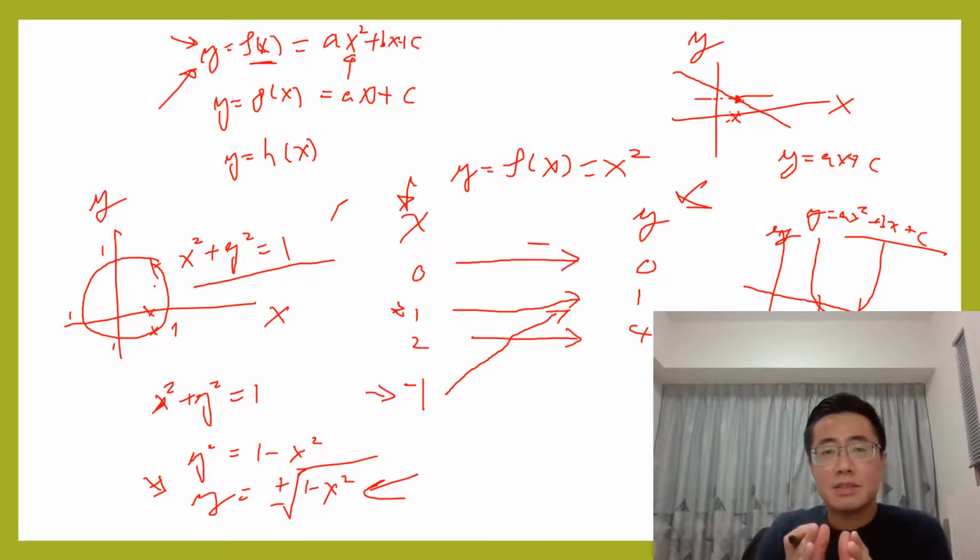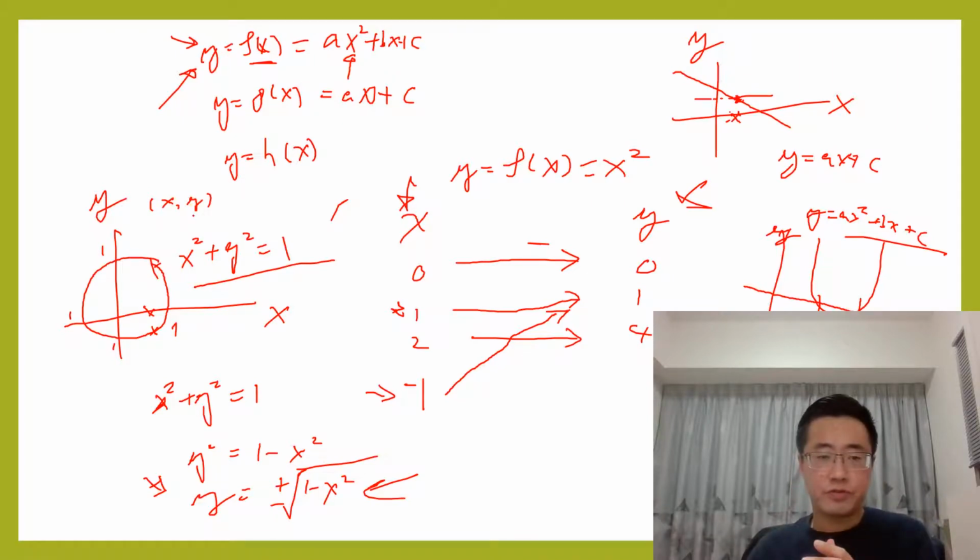Rather than saying function for the xy here, we say there is a relation on x and also on y. A relation on the real numbers is a set of ordered pairs of real numbers. Say here, the ordered pair xy actually follows the relationship under this equation.